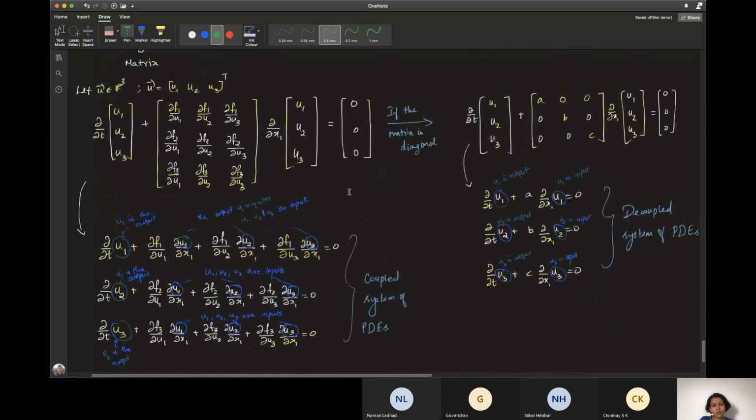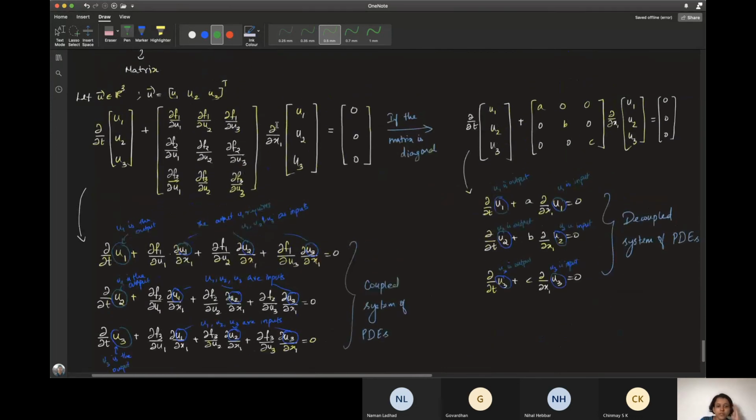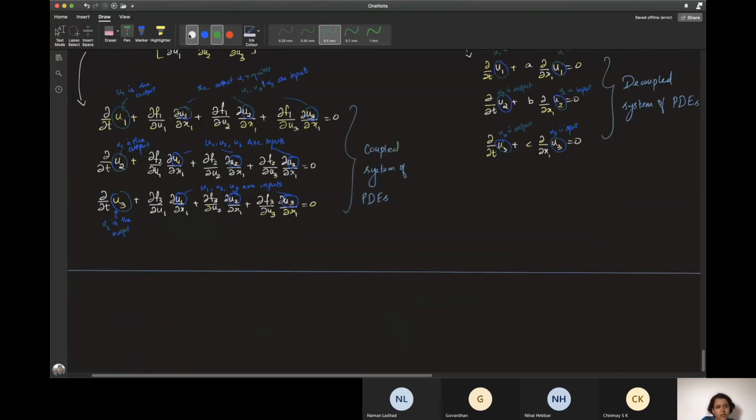And it's not always possible to convert this matrix into a diagonal matrix. It's only possible when eigenvalue decomposition is possible.